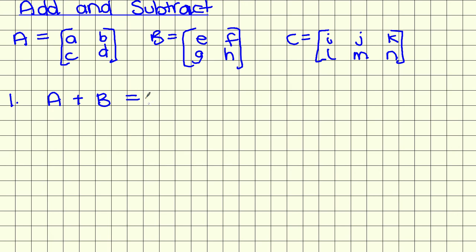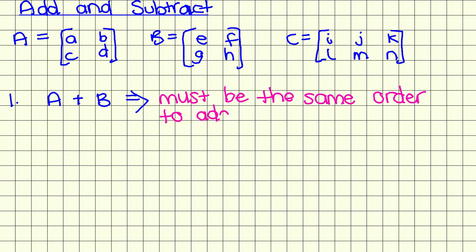So it needs to be the same order of matrices, and I'm just going to put a wee note in here: must be the same order to add and subtract. This rule only applies for adding and subtracting, not necessarily multiplying.